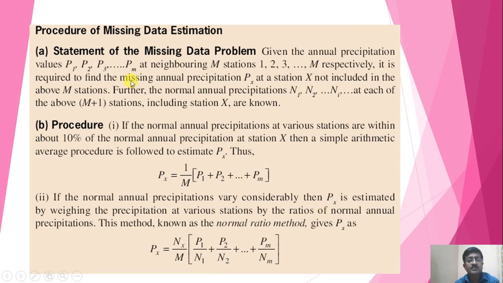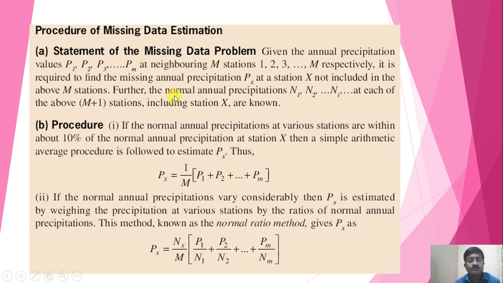Now, what is the procedure to find a missing data, or you can say the procedure of missing data estimation? First, the statement of the missing data problem. Given annual precipitation values P1, P2, P3 up to Pm at neighboring M stations 1, 2, 3 to M respectively, it is required to find the missing annual precipitation Px at station X, not included in the above M stations.